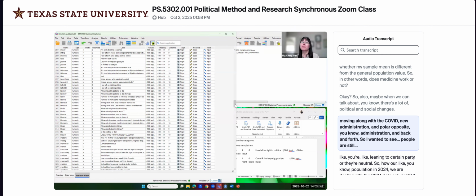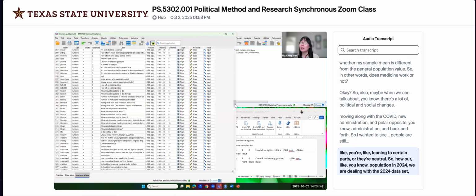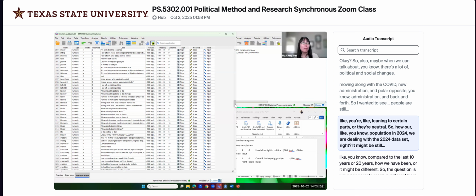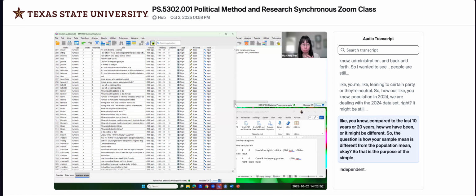So I wanted to see whether people are still leaning to a certain party or are neutral. How is our population in 2024, with the 2024 data set, compared to the last 10 or 20 years? It might be different. So the question is how your sample mean is different from the population mean.